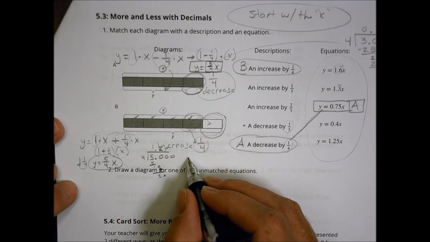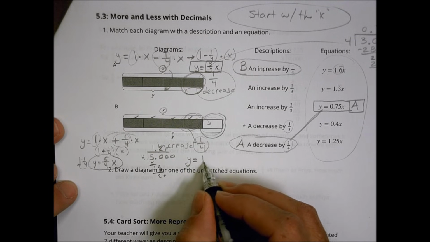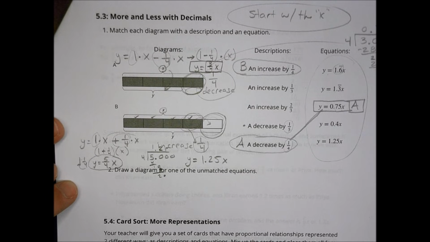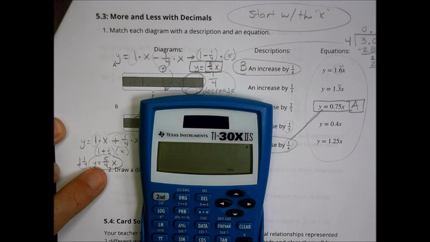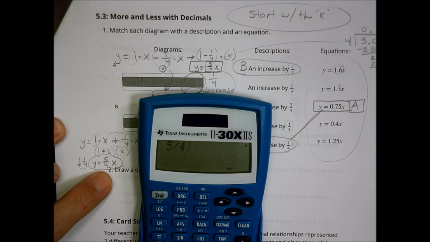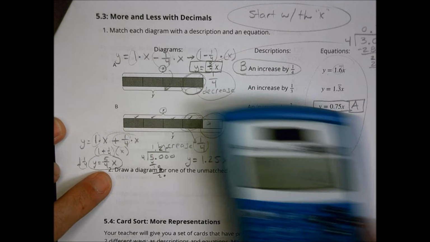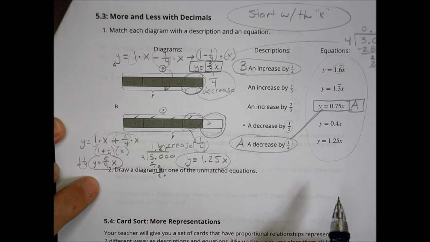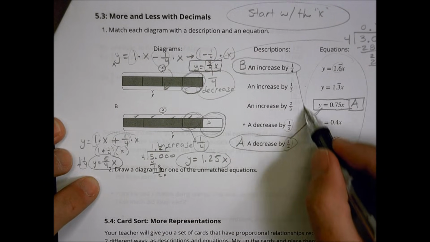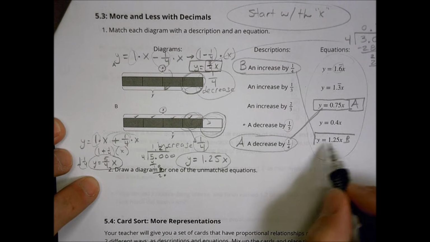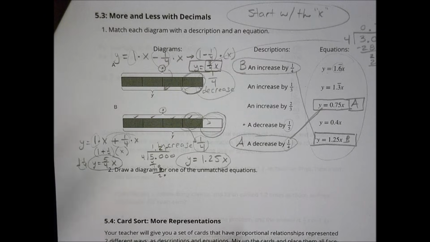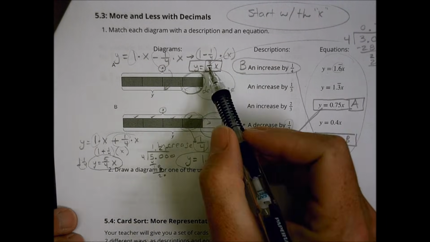So I can rewrite this as y equals 1.25x. If you were using a calculator, it's a little bit faster: I could just do 5 divided by 4, and I get 1.25. So my equation for B is y equals 1.25x, which is down here, right there. That's the idea for what we're doing, just combining a previous lesson with today's stuff and converting fractions into decimals.